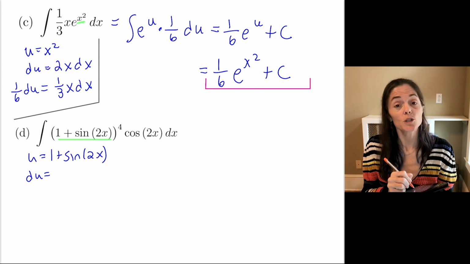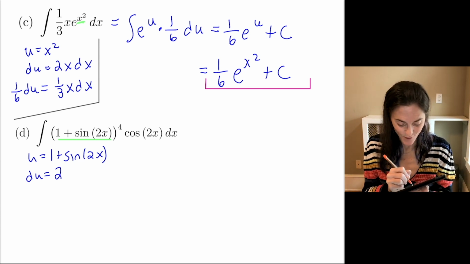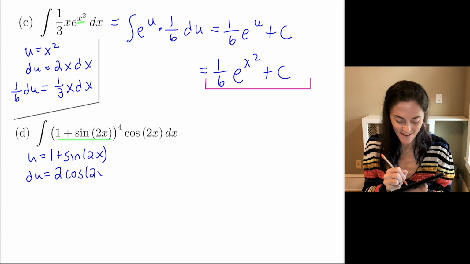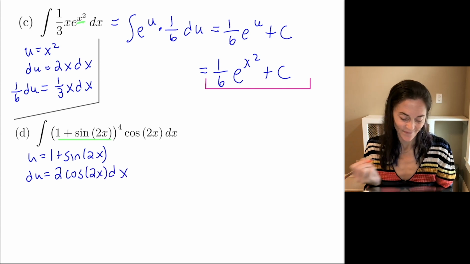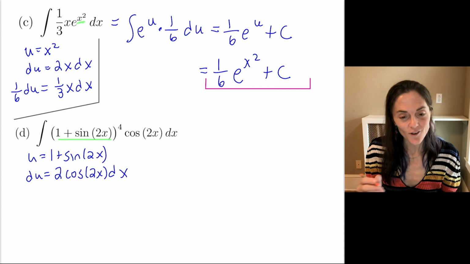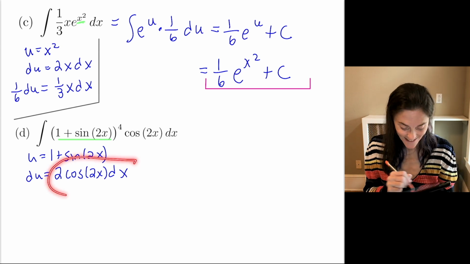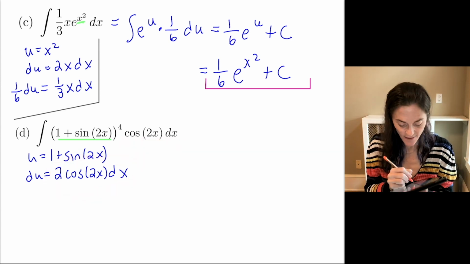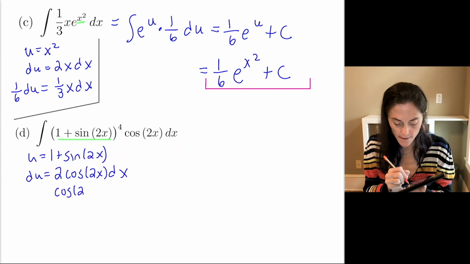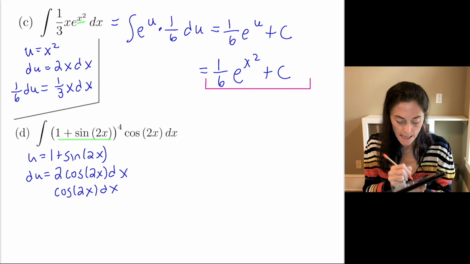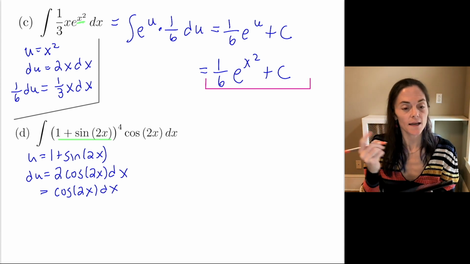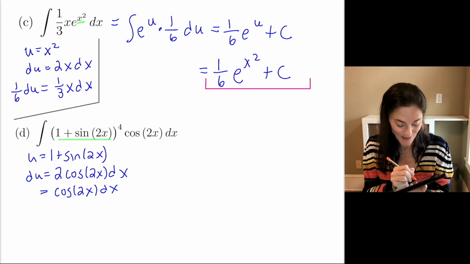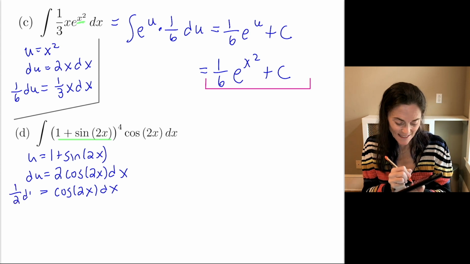We would have cosine 2x times 2. So du is 2 cosine 2x dx. Now, handed to me in my integral is not exactly du. We have only this, cosine 2x dx. Okay, let's write it. Cosine 2x dx. This is, well, you can just divide the equation above by 2. So this is 1/2 du.